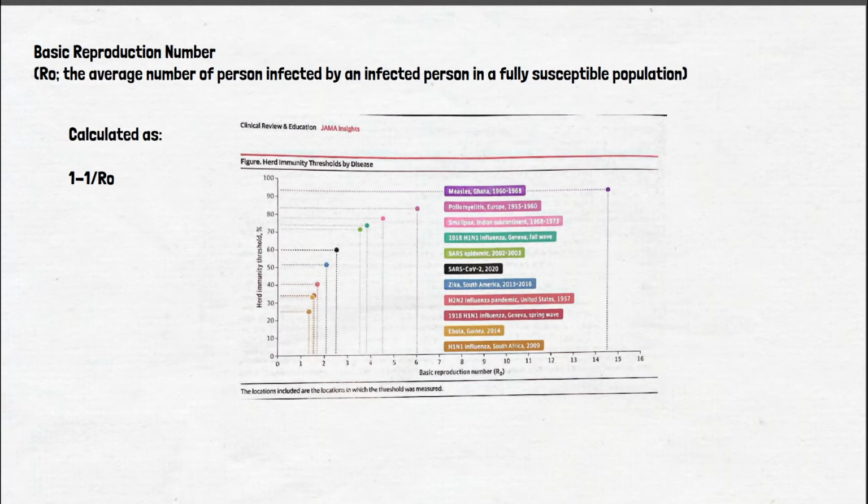And we go on to this figure that I've put up. The effective reproduction number incorporates partially immune populations and accounts for dynamic changes in the proportion of susceptible individuals in a population, such as seen during an outbreak or following mass immunization.